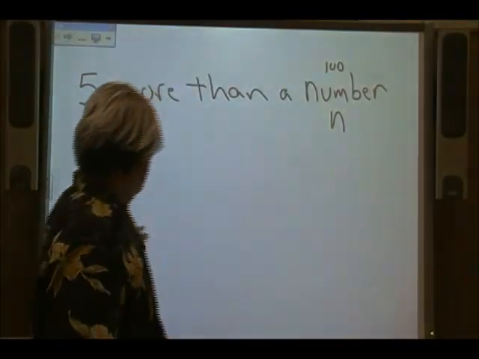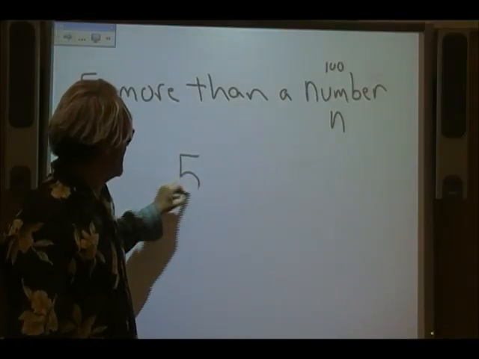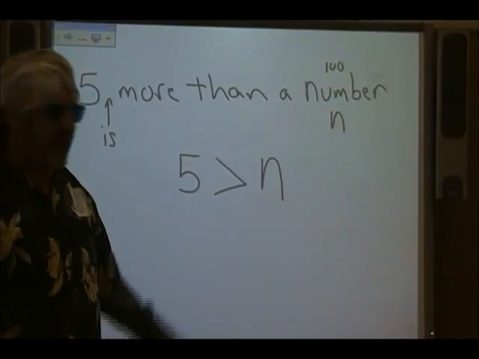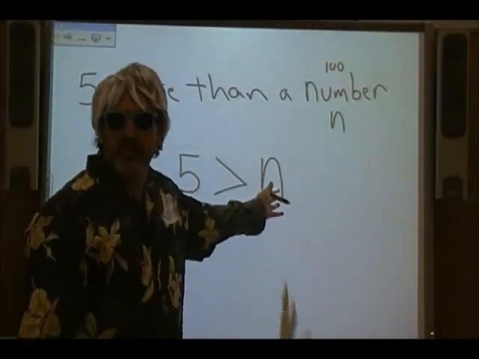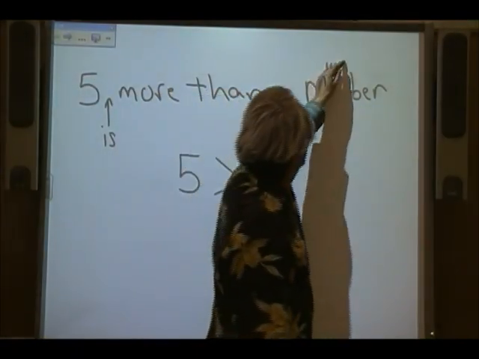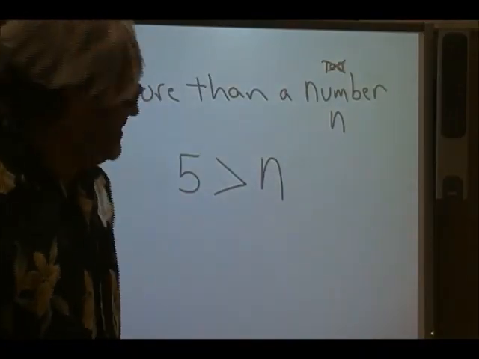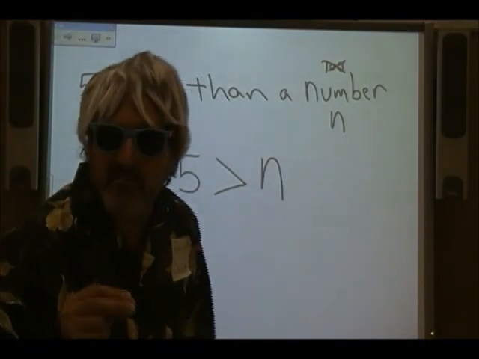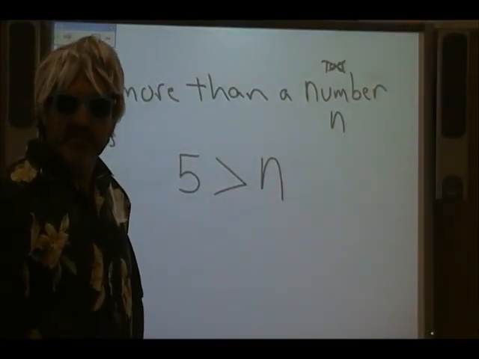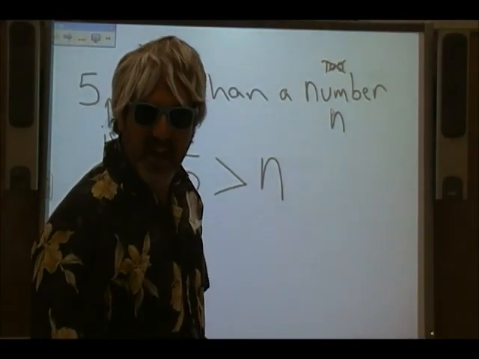That means 5 is more than whatever your number is, so it can't be 100, that's for sure. It has to be less than 5. Isn't that amazing? That little word is changed the whole problem. See? Words can have some power.